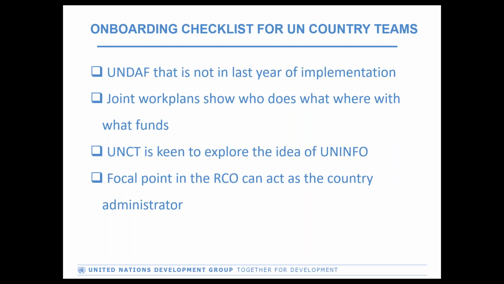You have joint work plans, which clearly show who does what where with what kind of funding. That basically means you have your outputs, your key activities, the lead agency, implementing partners, and your available and to-be-mobilized resources. You have a UN country team that's keen to explore the idea of UN Info, and you have a focal point in the RCO that can act as the country administrator.